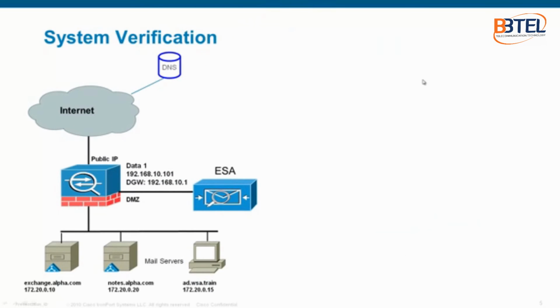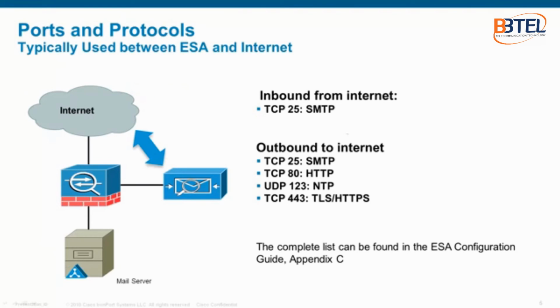So now that our system is set up, we move on to system verification. This is just to make sure that everything is working okay. There are a couple of points that you should be aware of. These are ports that are or should be open through the firewall. For inbound from the internet, you have to have port 25, and then outbound, you have to have port 25 open, and port 80 open.